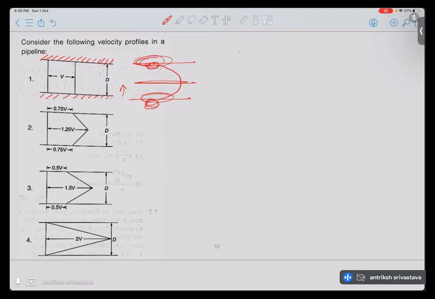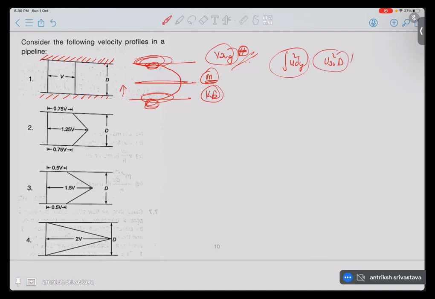Usually we want to write the velocity in terms of average velocity. And when we do that, we want to use the average velocity for the momentum calculation and the kinetic energy calculation. When we do that, we kind of miss some of the details, because instead of doing the integration and properly calculating the momentum, we are doing something like u average squared and then the area or the diameter.